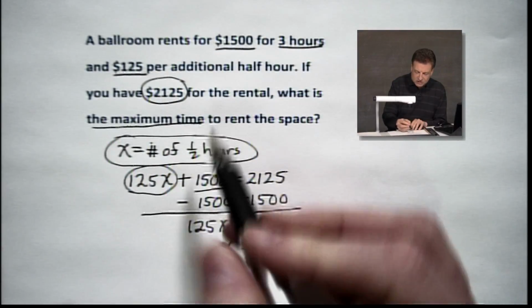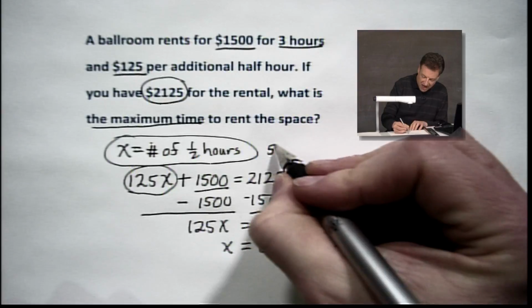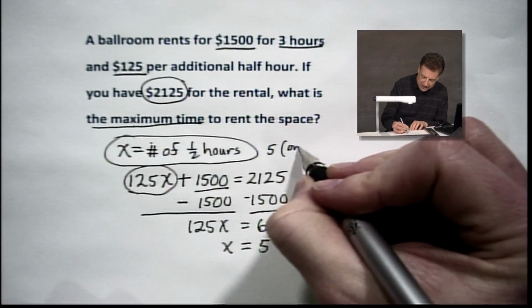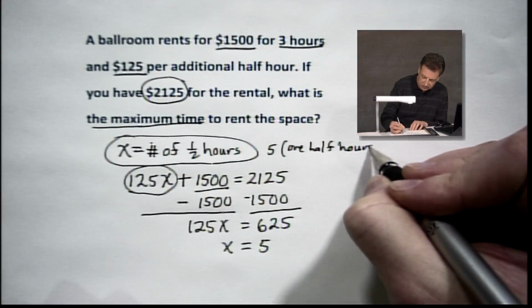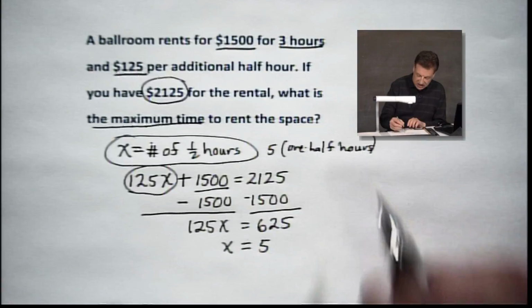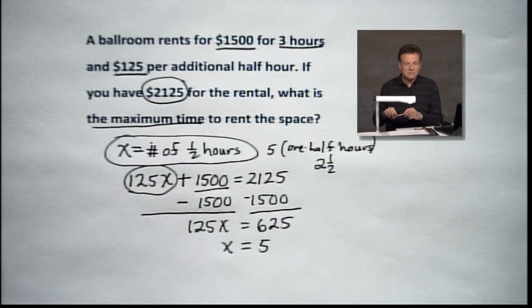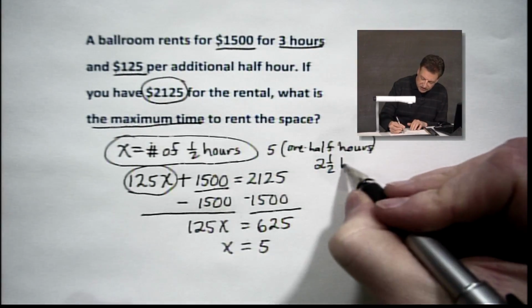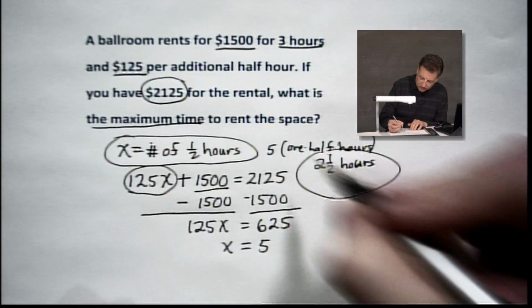Not the number of hours, but what? Half hours. So this means we have 5 half hours, which those of you are going like, oh, we know what that does. Yeah, that's going to give us 2.5 hours. So that actually is what we have total for the additional cost.